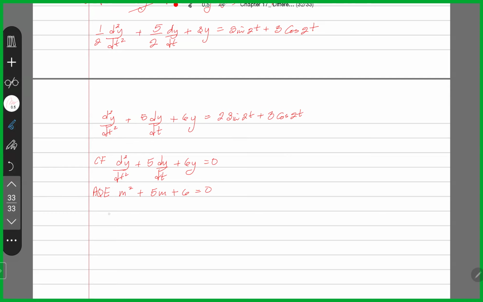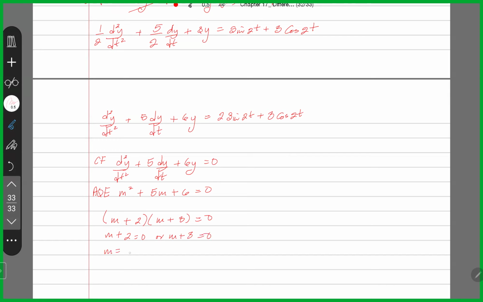Solving, m plus 2 is equal to 0, or m plus 3 is equal to 0.